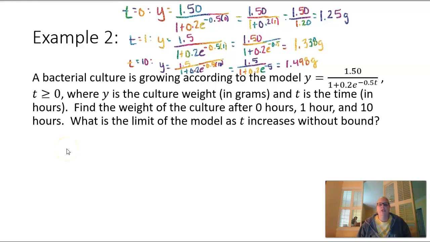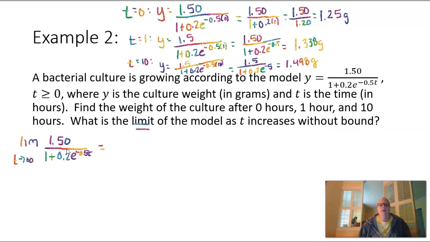Okay, now for part 2, we're going to try and figure out what the limit is. Alright, so we are trying to find the limit of 1.50 divided by 1 plus 0.2 e to the negative 0.5 t as t approaches infinity.